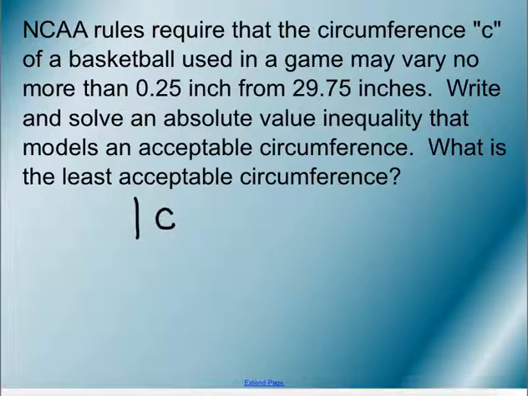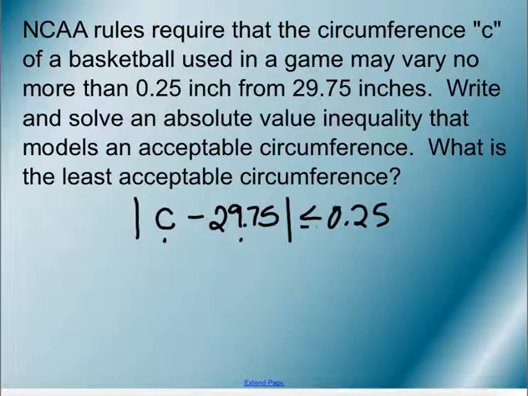I need to make sure that the difference between that circumference and what is acceptable, this 29.75, isn't any bigger than 0.25, meaning the C represents what I actually have, the 29.75 represents what I should have, and I want to make sure that the difference is no larger than 0.25, meaning that I need this to be less than or equal to 0.25.